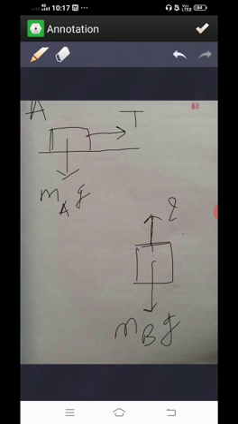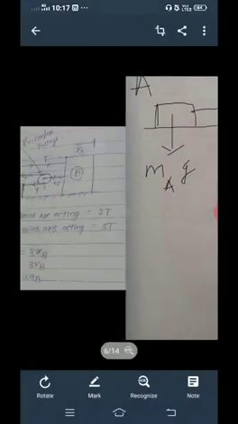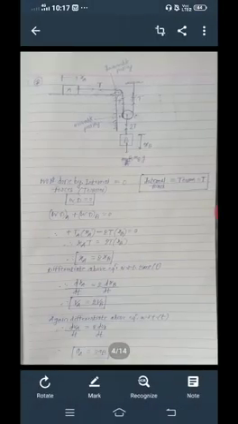Whether it is T or any other value. So again see our same figure. The given figure is like that.